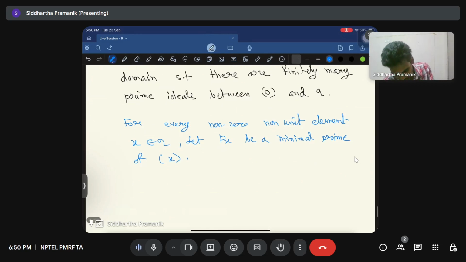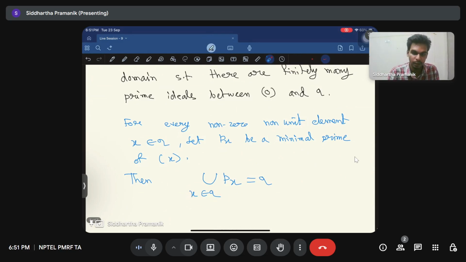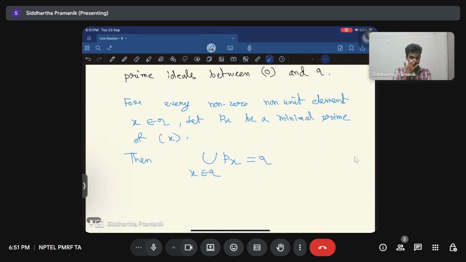Then if we take the union of the ideals Px such that x belongs to Q, it has to be equal to Q, because x is varying over every element of Q. So x is itself in Px. So this union has to be Q.